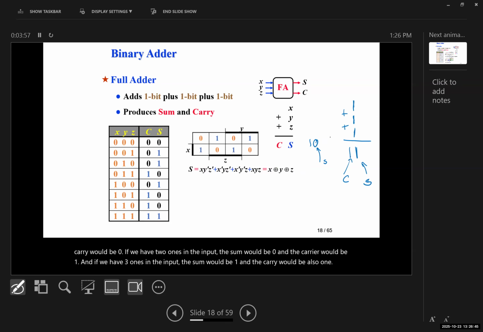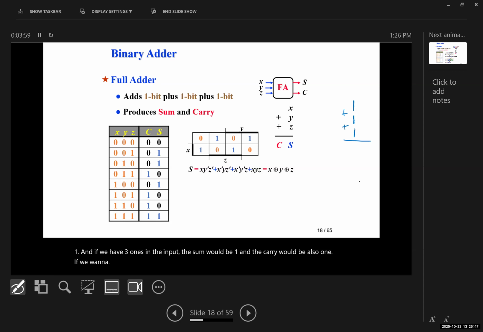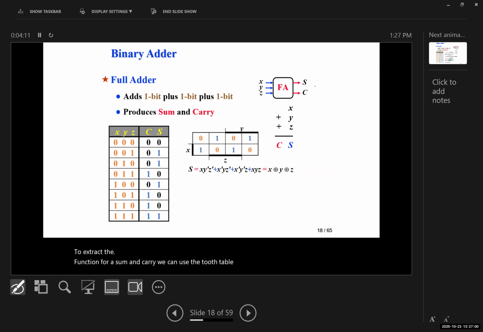If we want to write the K-map to extract the function for the sum and carry, we can use the truth table again. For the sum, it's going to be 1 at M1, M2, M4, and M7.